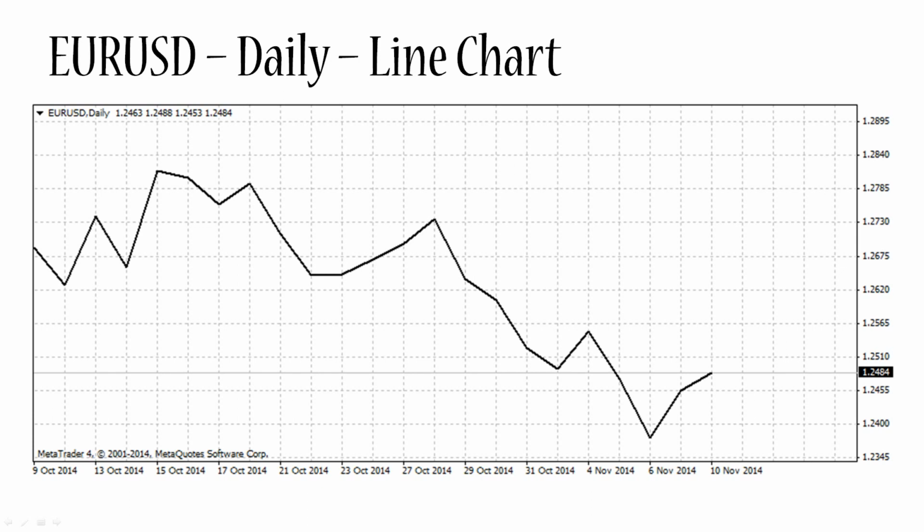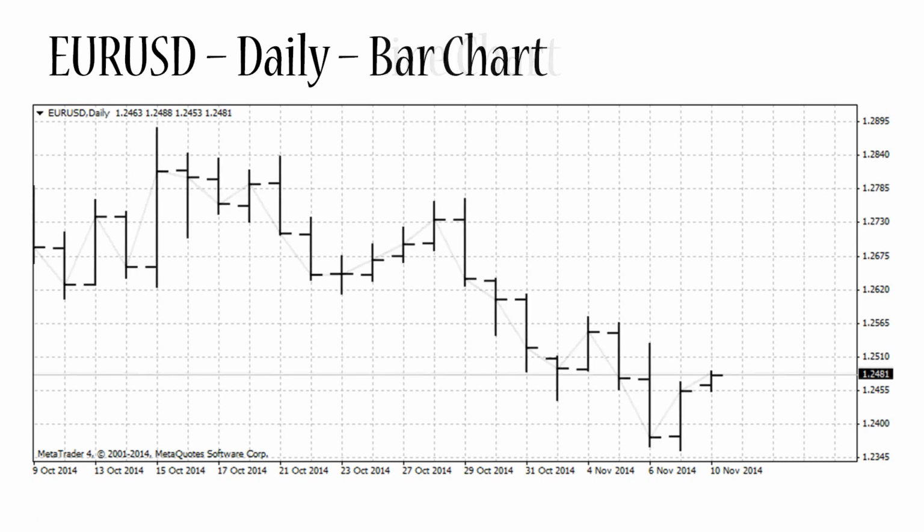Now let's look at the same chart but represented by a bar chart. As you can see, now we have much more information. They might be a bit more cluttered, but we can see where the highs and lows were and exactly how this progression or this trend is developing. And now I'll change this bar chart into a candle chart, and you should decide for yourself which one you like more.